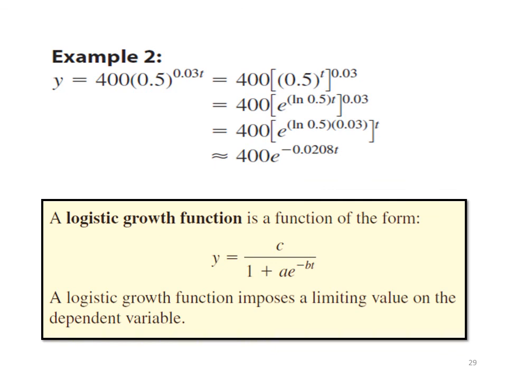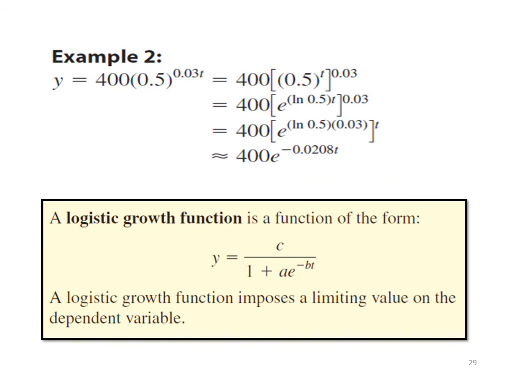Notice that in the denominator, this expression here, e to the minus bt, has a negative power. As t increases, this quantity will decrease. This is always bound by c, and this value here is always less than c. Even when t approaches infinity, the value will approach c.